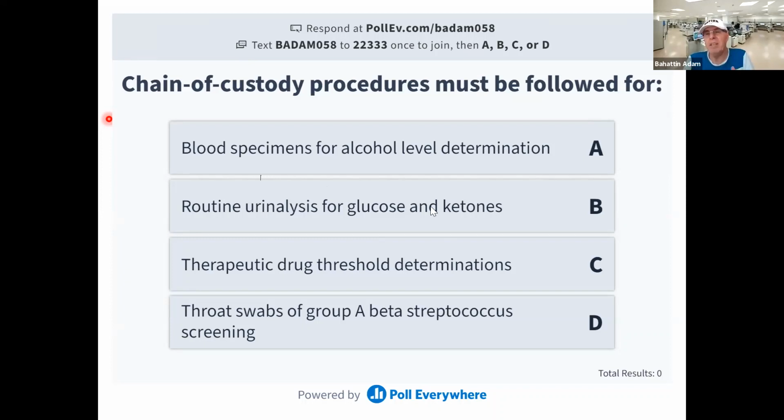Okay, blood specimen for alcohol level determination, routine urine analysis for glucose or ketone, therapeutic drug threshold determination, or throat swab. Which of the following needs to follow a chain of custody procedure?